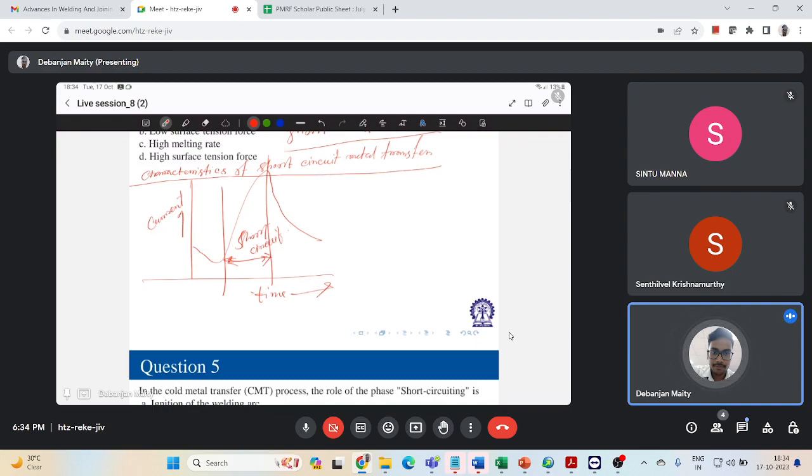So in CMT, we retract the wire, the instant current flows, and whenever we are retracting the wire, as I mentioned in the short circuit transfer, it breaks the arc, and the metal droplet detaches from the filler.